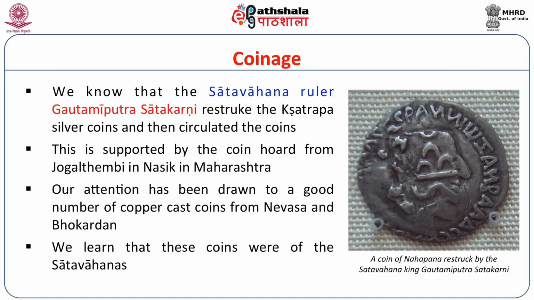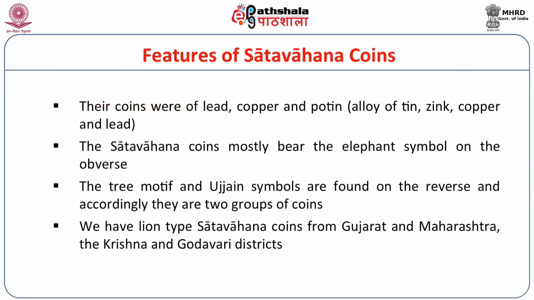So, this is supported by the coin hoard from Jogalthembi in Nasik in Maharashtra. Our attention has been drawn to a good number of copper cast coins from Nevasa and Bhokardan. We learned these coins were of the Sātavahanas. That is, during the days of the Sātavahanas, these coins were in use. Now, what metals were they using in producing their coins?